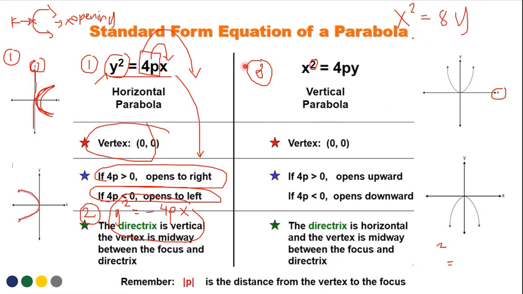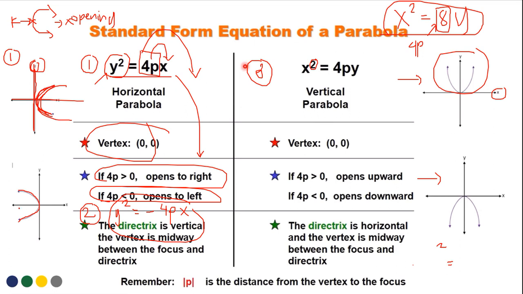If you're going to observe the equation, the exponent is at x values, meaning to say it could be upward or it could be downward. Since the value of 4p here is 8 and that is positive, always choose the upward. If y has an exponent of 2, that's the time that we're going to use this figure.